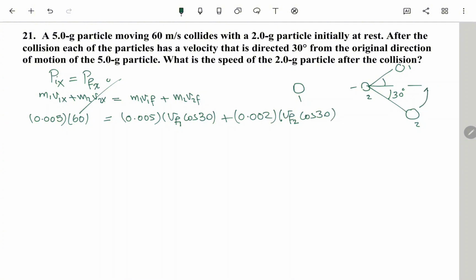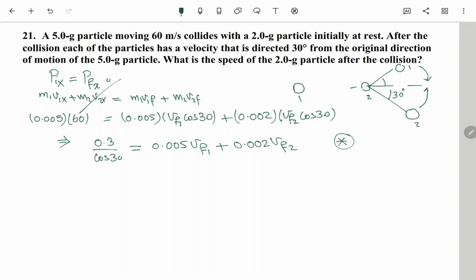When we analyze this, the x component and the x component, and upon simplifying, 0.3 divided by cosine theta equals 0.005 v1 final plus 0.002 v2 final. Let's keep this equation here.